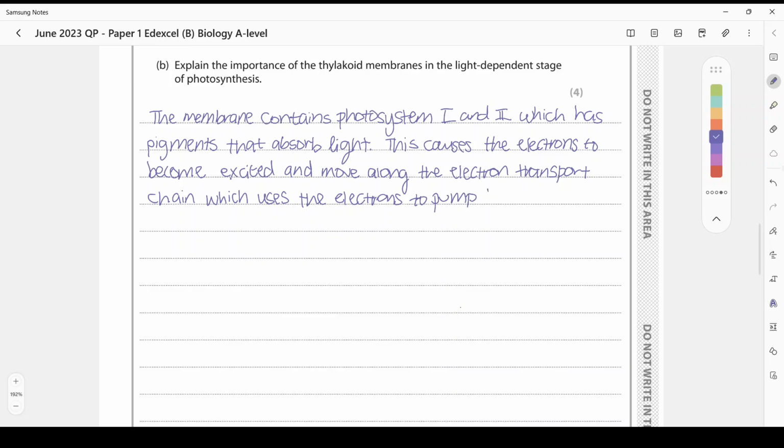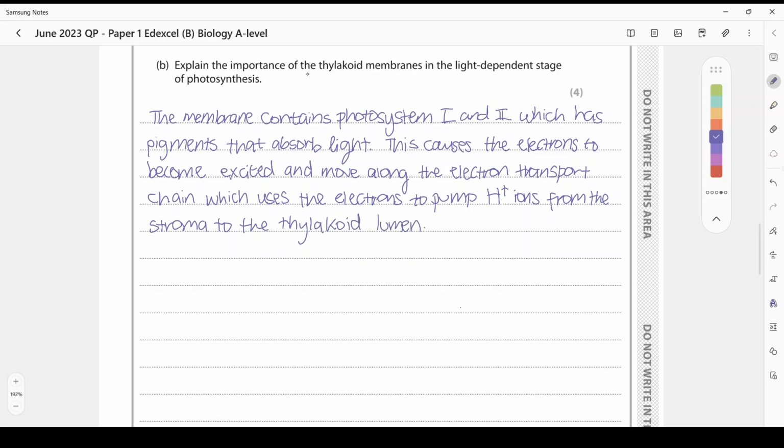So I'm just going to write H+ ions from the stroma to the thylakoid lumen.